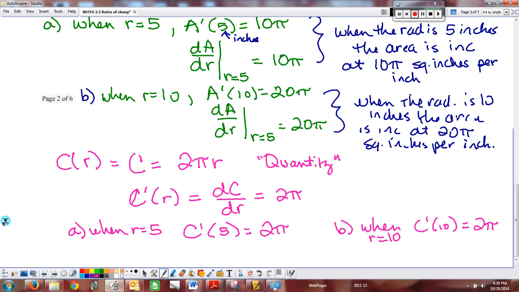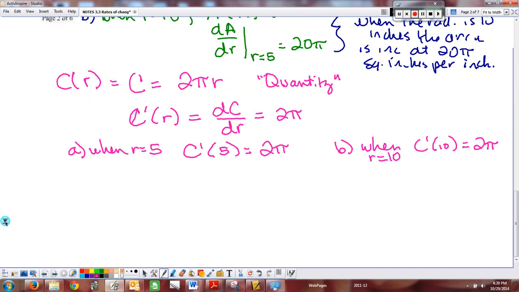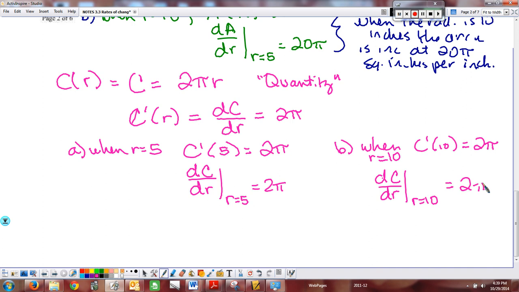Right? What are our units going to be? Well, let's put the other notation in and then we'll stick our units in. So we would also write this as dC/dr evaluated at r equal to 5 would be 2 pi, or dC/dr evaluated when r equals 10 is 2 pi.